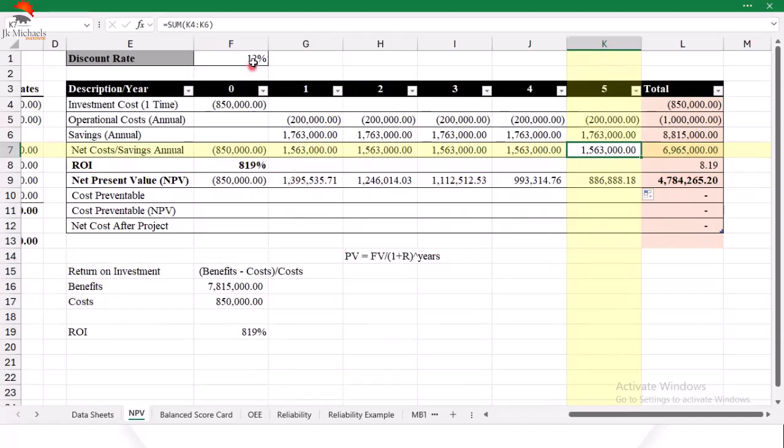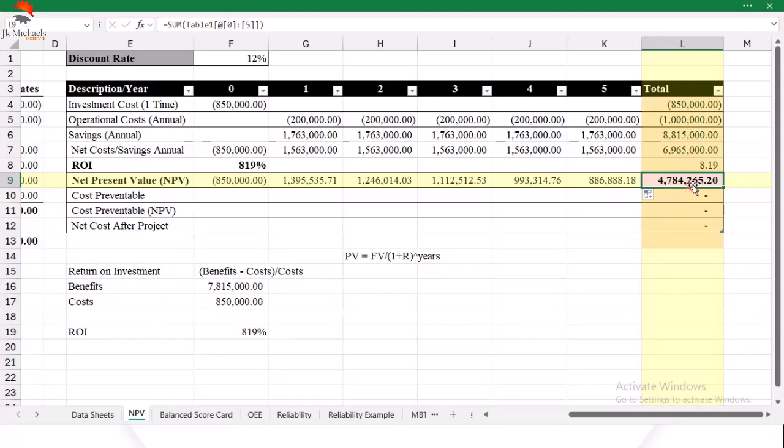When we discount by 12%, you can see that these monies will progressively reduce in value, such that our NPV at the end will be $4,784,265.20.